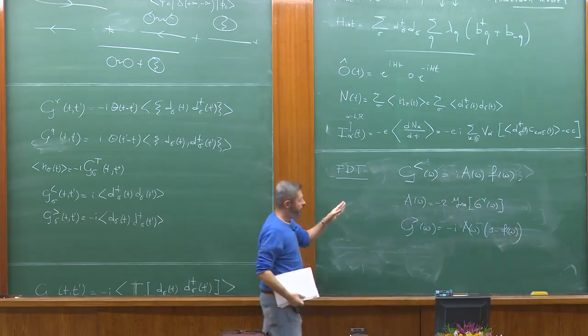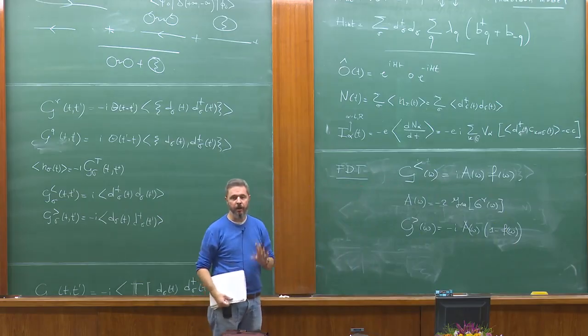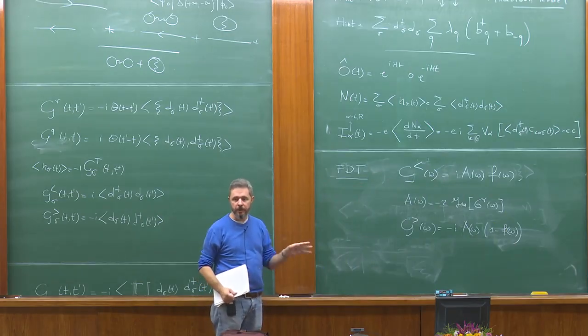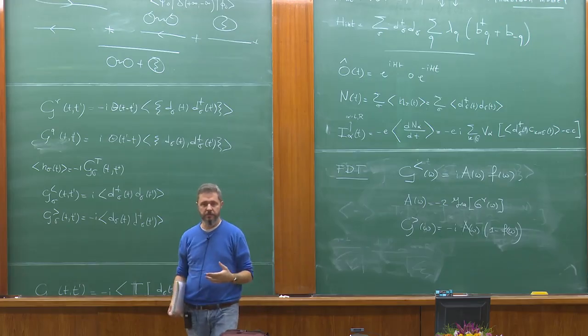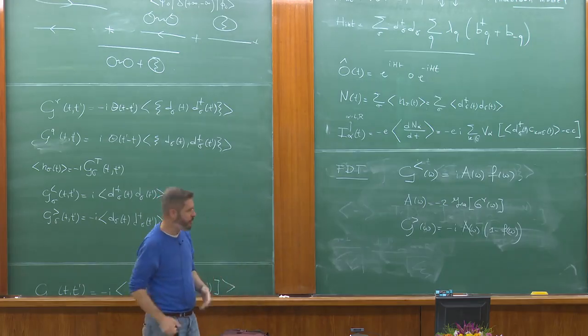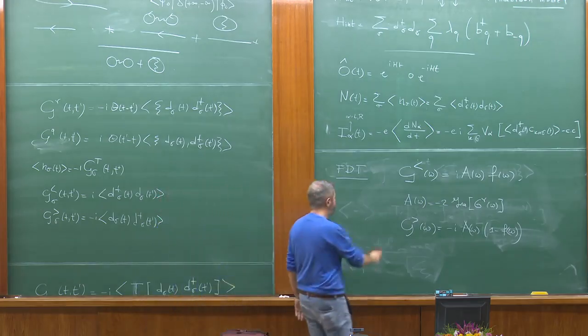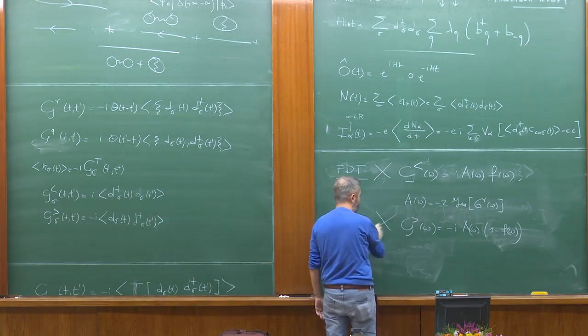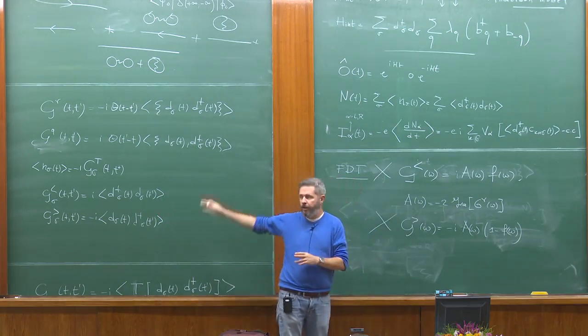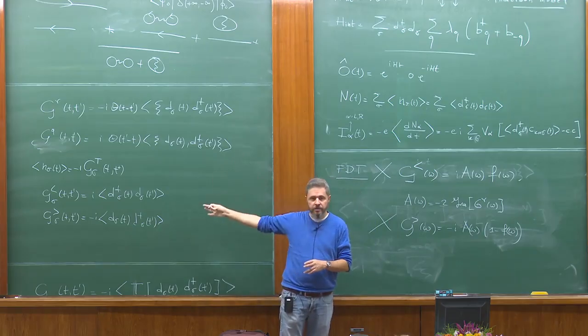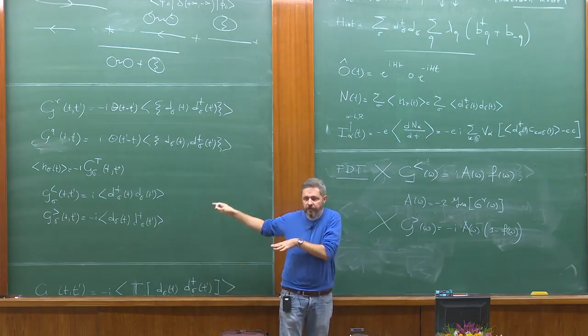Right, so now, what is the second problem of non-equilibrium theory? The problem is that when you go out of equilibrium, this is not true anymore. You cannot give up on all these many Green functions. You have to deal with all of them.